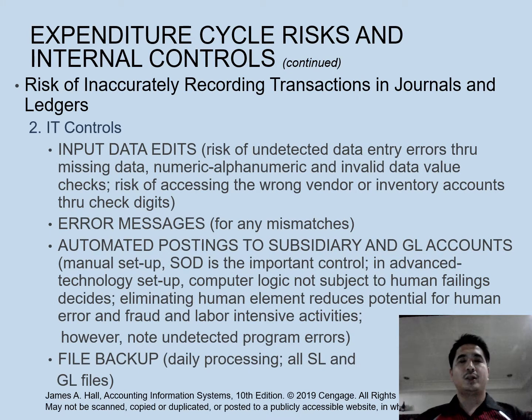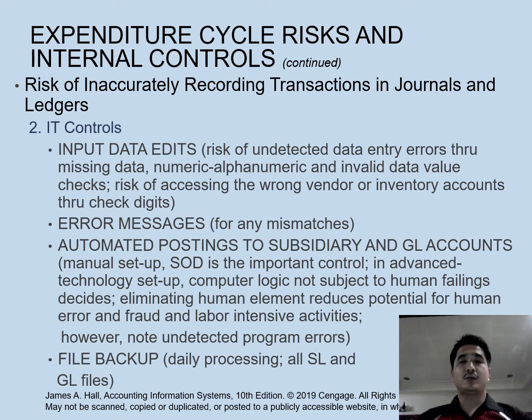Still on the risk of inaccurately recording transactions in the accounting records, specifically in journals, subsidiary, and general ledgers, the IT controls to address the risk: number one, you can have your input data checks. These are basically your input controls: missing data, alphanumeric, alphabetic check, format check, validity check.